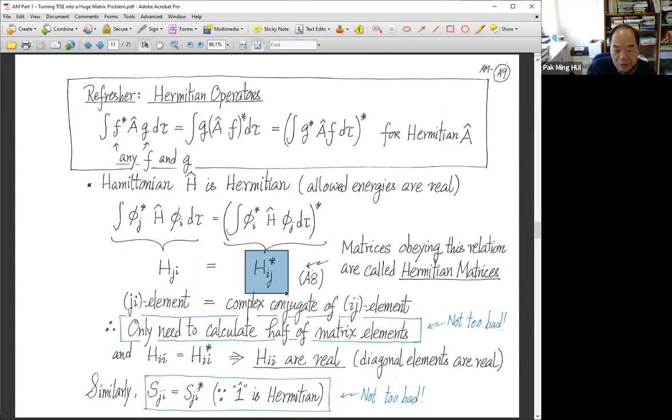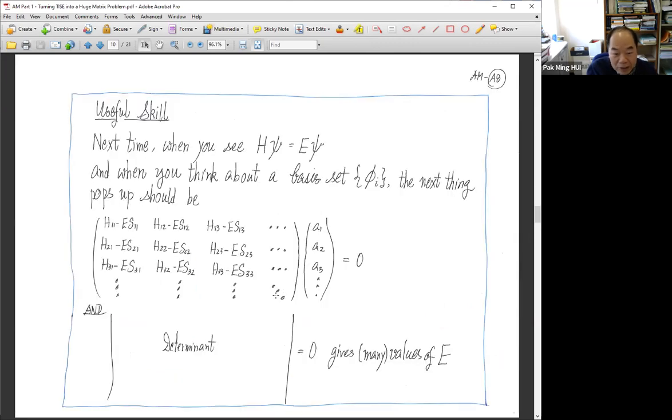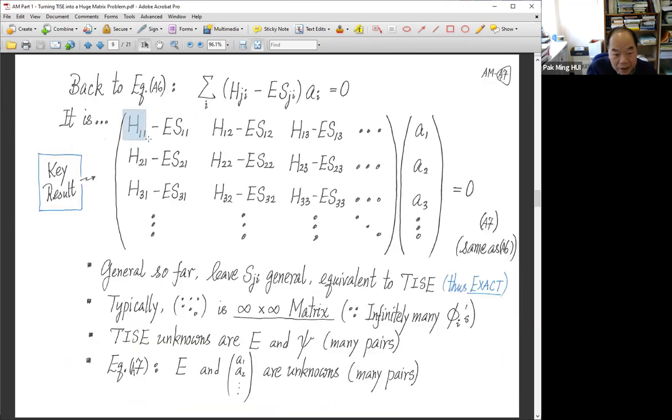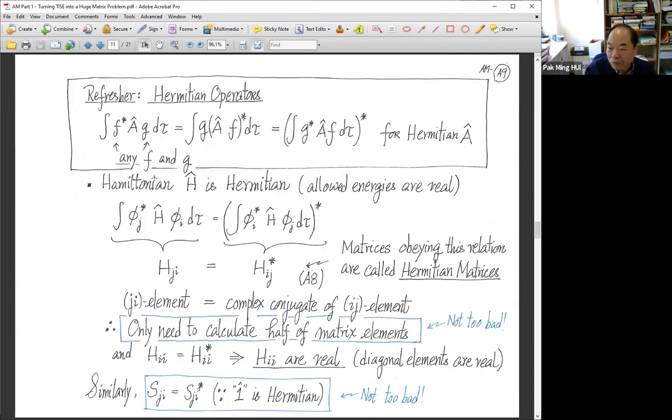It means that when we want to calculate all these elements, these integrals, we only need to calculate about half of them. Once you get H12, you don't need to do H21 again. You just take H12 and put a star, and that will be H21, okay?